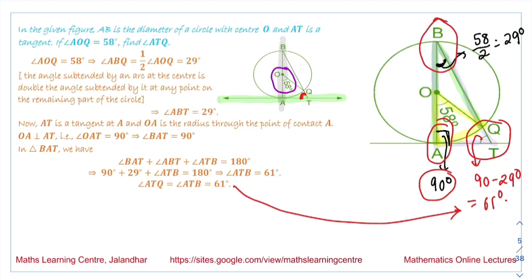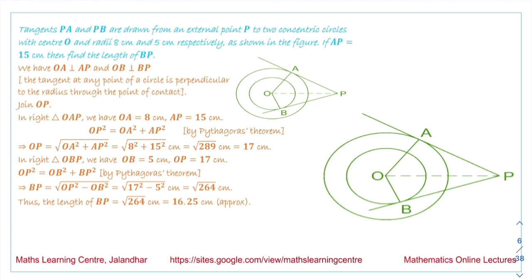Next is tangents PA and PB are drawn from an external point P to two concentric circles. So these are the two tangents we are talking about: this is the tangent PA and this is the tangent PB. One is the tangent to this larger circle at A, and second is the tangent to this smaller circle at B. It is given that the radii are 8 centimeter and 5 centimeter.